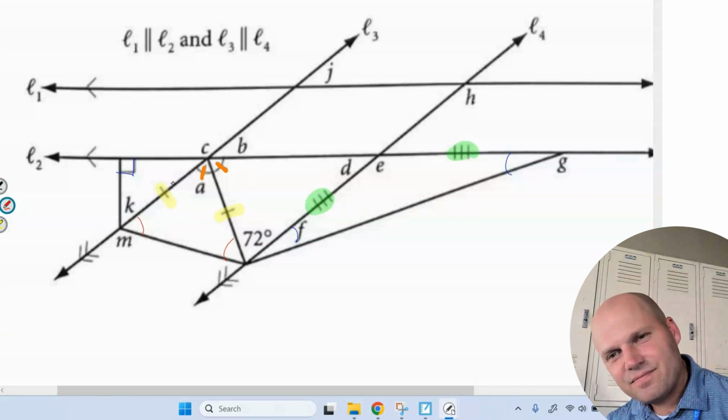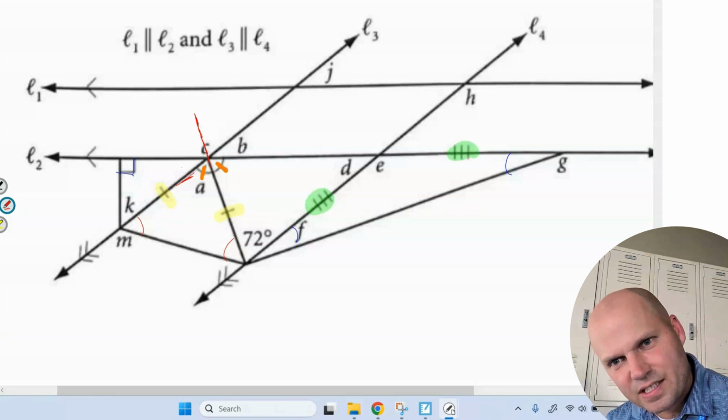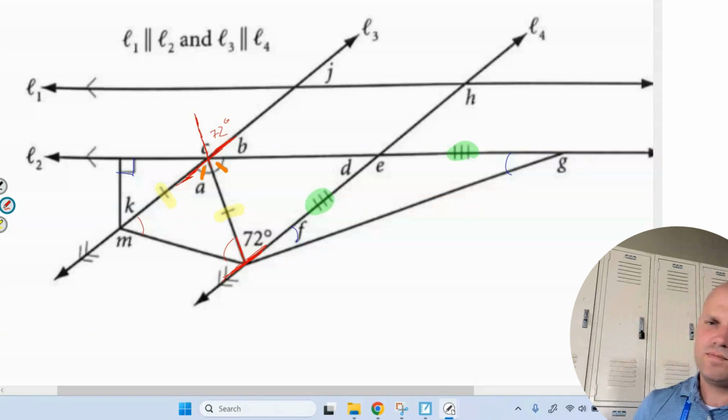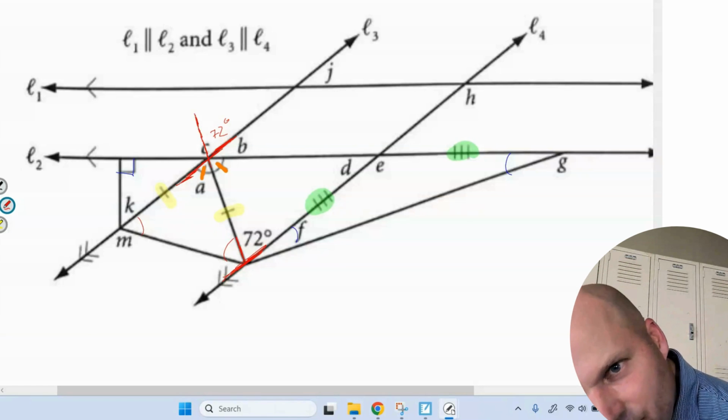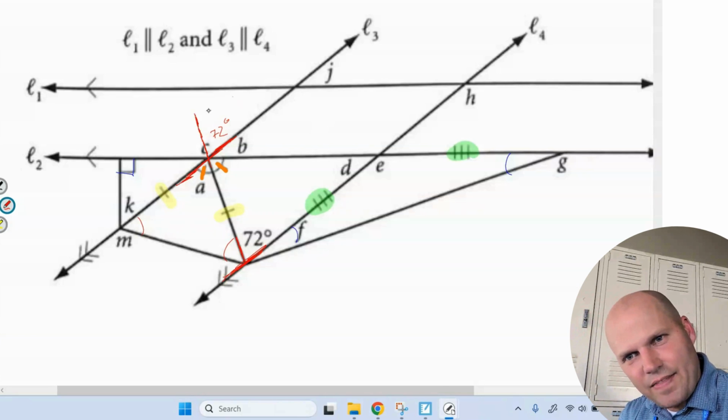All right, I see it. I'm going to extend this line here because I see something. I see that this is a copy of this. So if this is 72, this is 72. That doesn't really help me though. But if that's 72 and that's 72, this is 72.